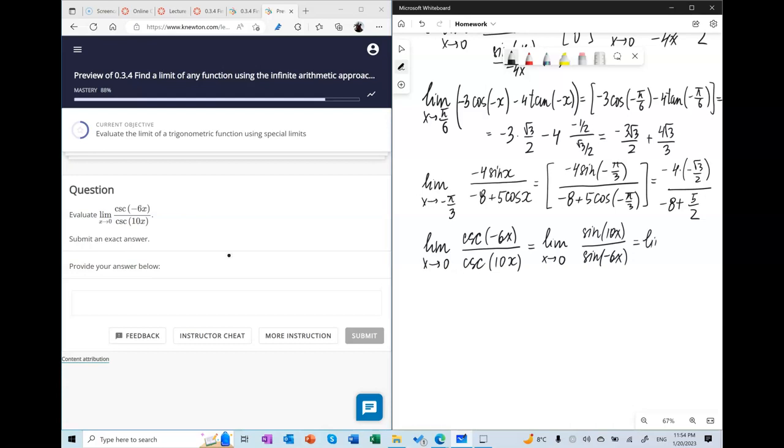But remember, sine of 10x, as long as 10x goes to 0, acts like 10x. Same applies to sine of -6x. So this whole thing can be simplified just to the following number, which is -5/3.